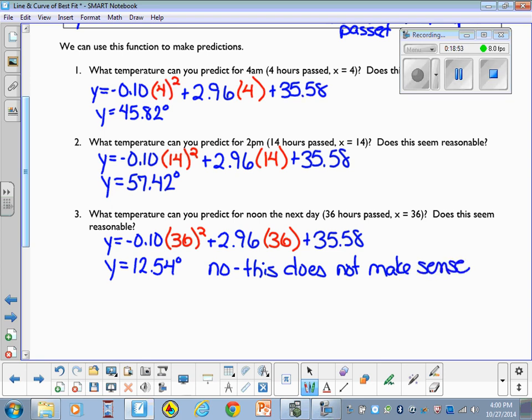It turns out that our quadratic model will help, but only up until the point that we've gone beyond 24 hours. So let me go back here to my calculator.